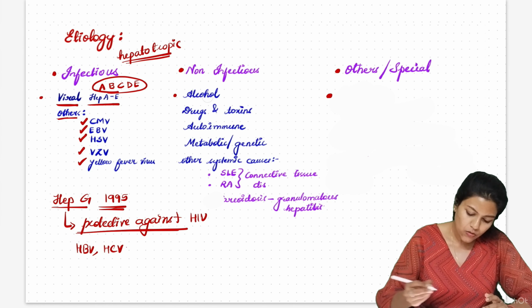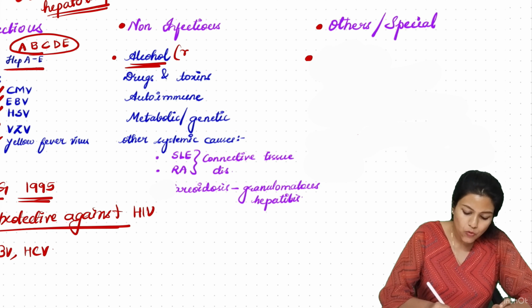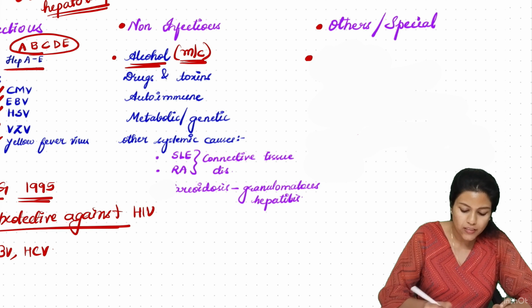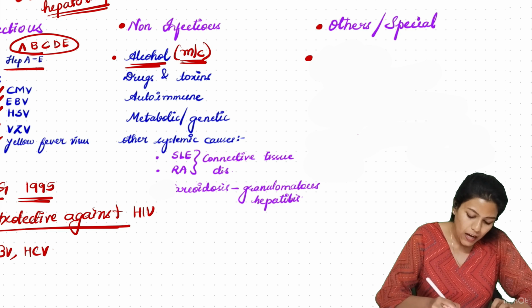The non-infectious causes are alcohol. Alcohol is the most common reason for the non-infectious form of hepatitis. So it is seen in chronic alcoholics. Alcoholic hepatitis is seen in chronic alcoholics. Other reasons being drugs and toxins.